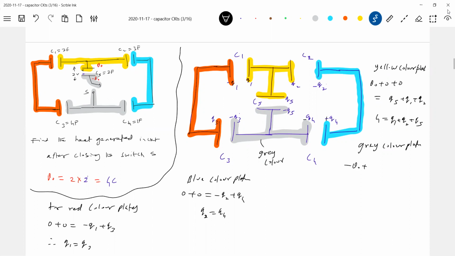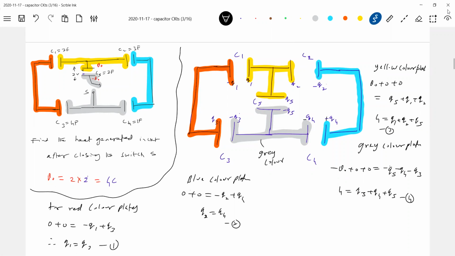Minus Q0 plus 0 is equal to minus of Q5 minus Q4 minus Q3. This is again equal to 4 only. 4 equal to Q3 plus... Okay, solve this. So these are the equations 1, 2, 3, 4.